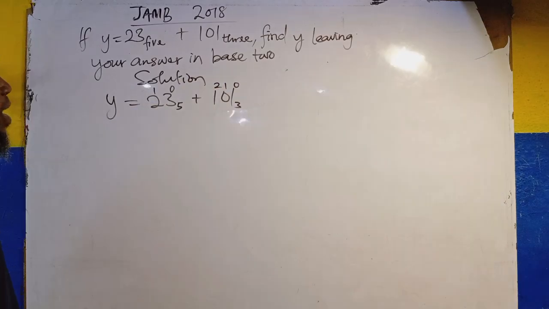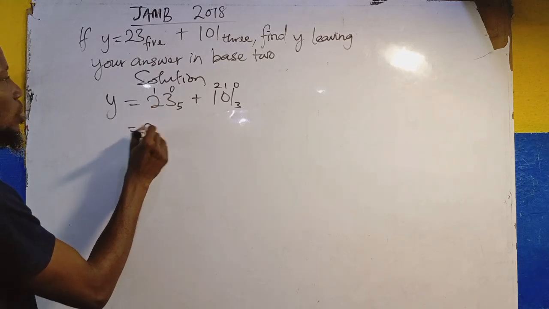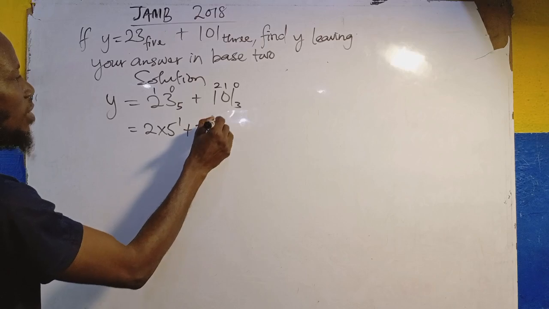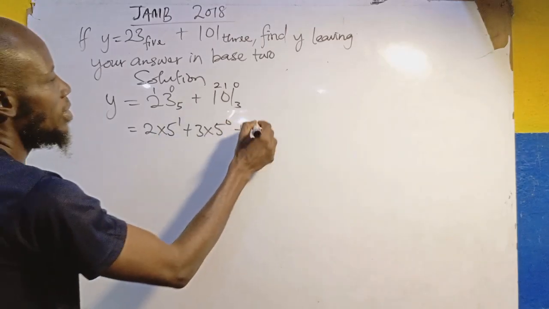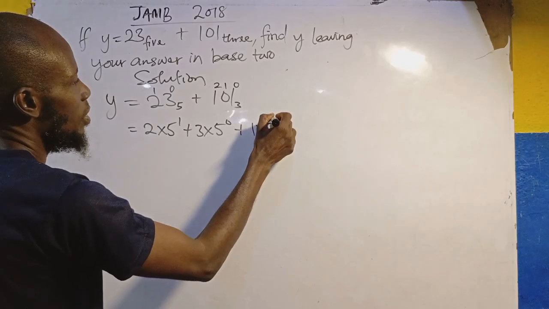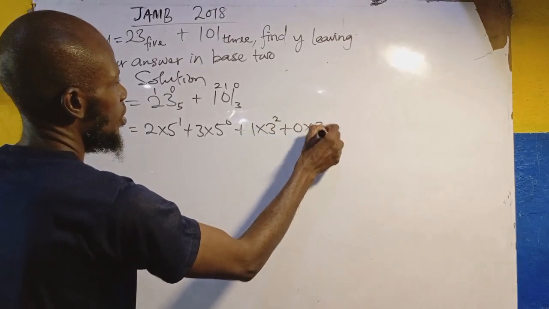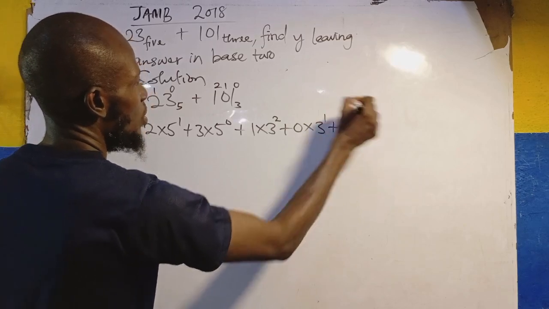Now, we are going to expand in terms of the base. So 2 times 5 raised to power 1 plus 3 times 5 raised to power 0 plus 1 times 3 raised to the power of 2 plus 0 times 3 raised to the power of 1 plus 1 times 3 raised to the power of 0.